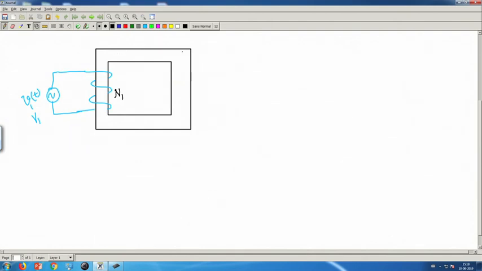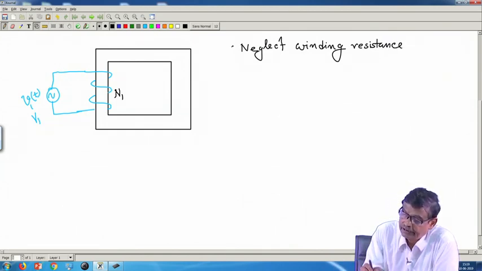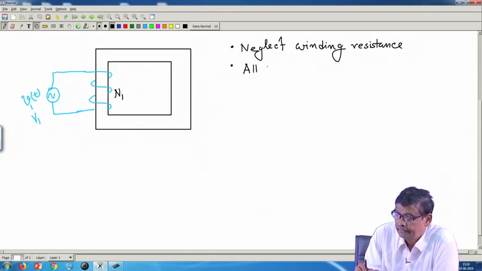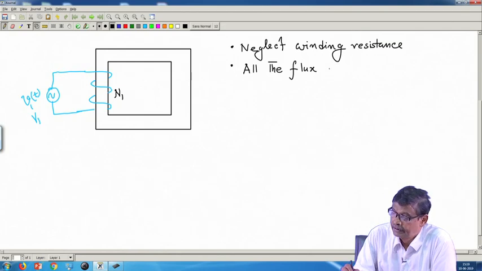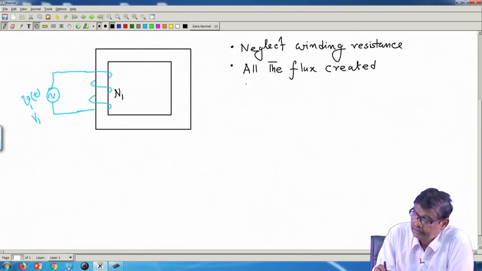It is a time-varying current, and we also neglect the winding resistance, which is vanishingly small. Let us also assume that all the flux created is confined to the core only.